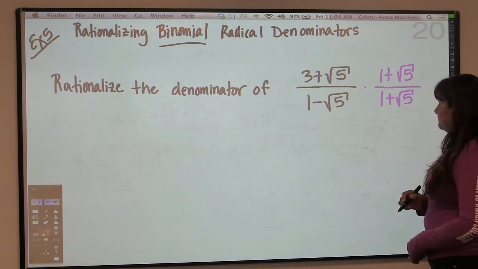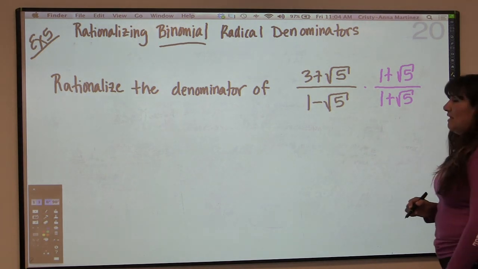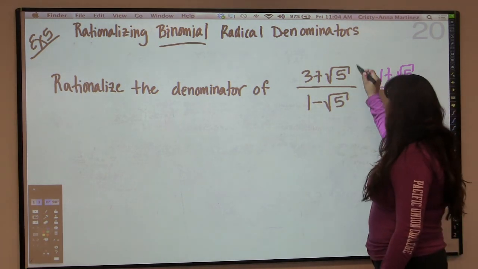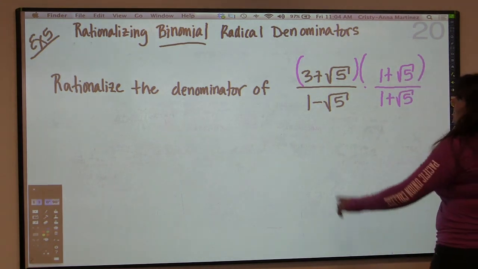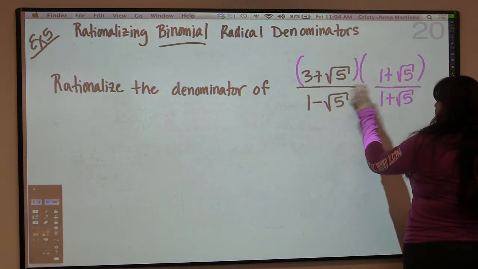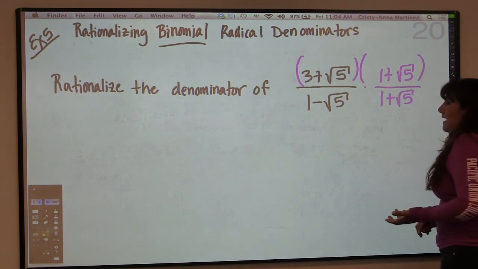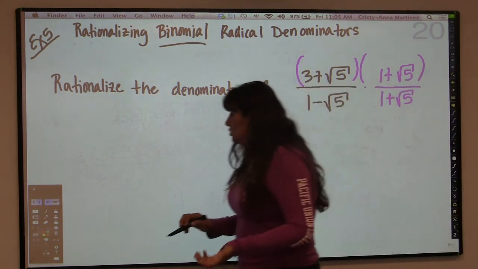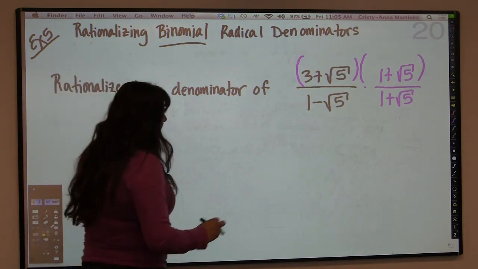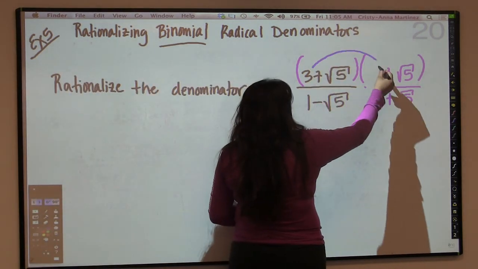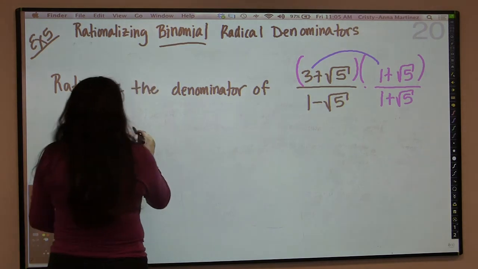Okay? So, the first thing I'm going to do is multiply the top, and in the top, you're not going to have any nice formulas to use because these are not conjugates. So in this case, we are required to do the FOIL method. All right, so we're going to go ahead and do that. I'm going to go 3 times 1, which is 3.